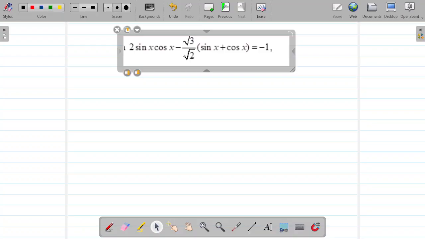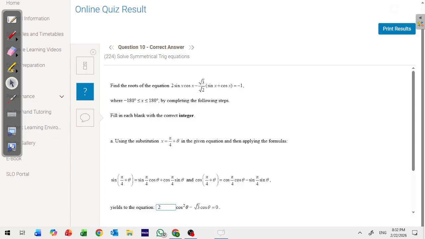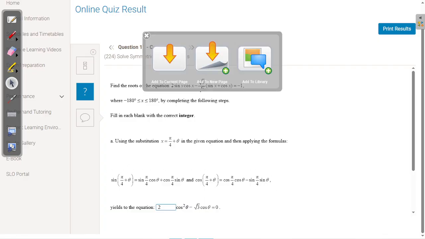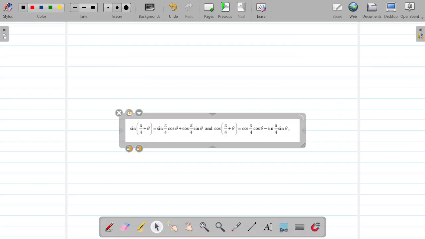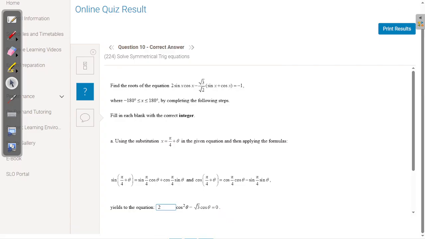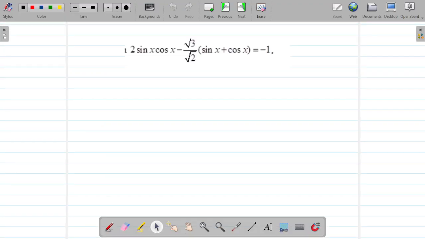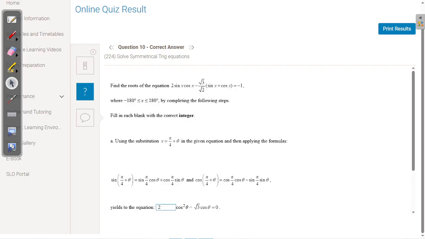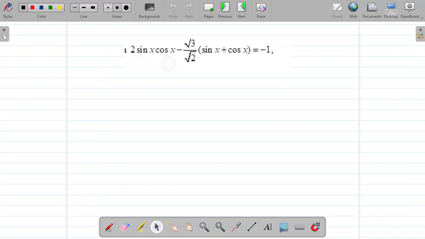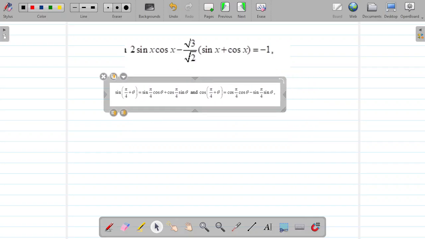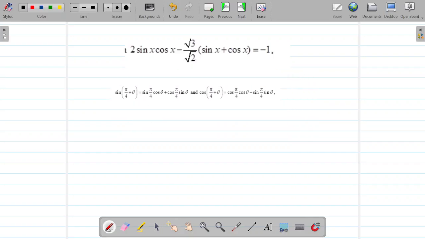This is the equation. We're going to use these formulas to solve this question. First of all, they said x is equal to pi over 4 plus theta, so let's substitute.